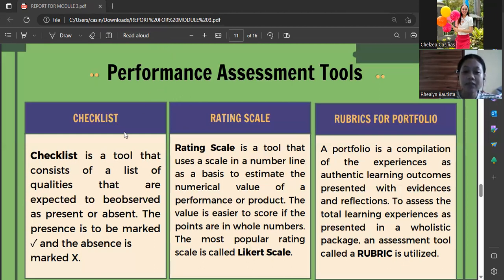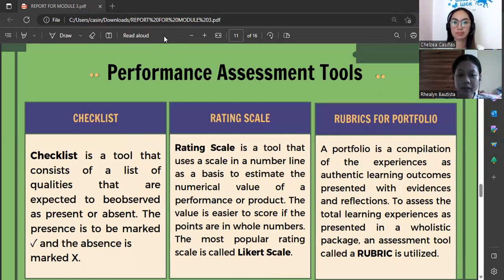And rubrics for portfolio, a portfolio is a compilation of the experiences as authentic learning outcomes presented with evidences and reflection to assess the total learning experience as presented in a holistic package. Dito makikita natin yung detailed information about doon sa portfolio na ginawa nung bata.